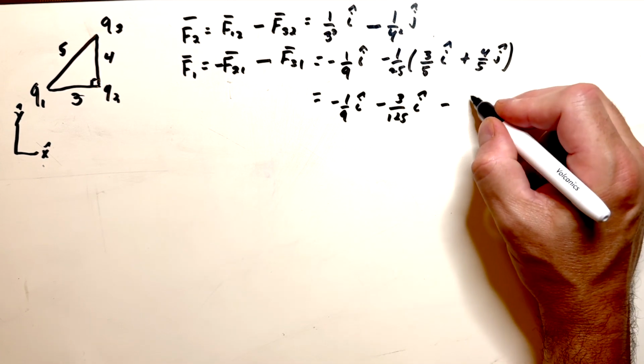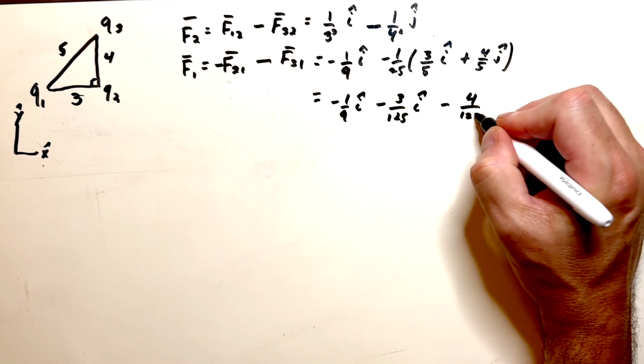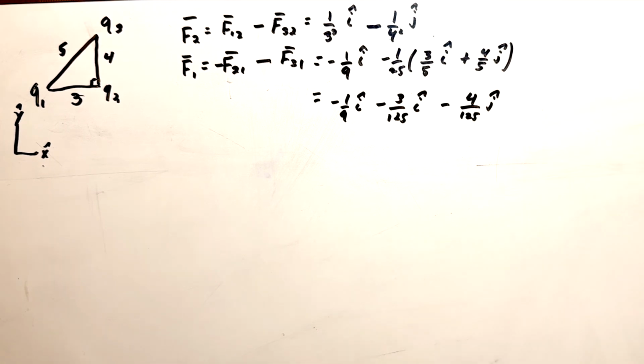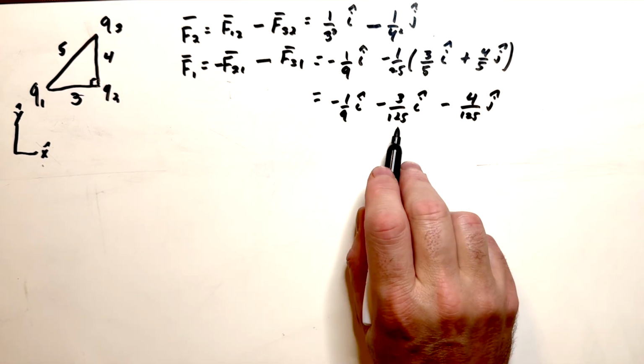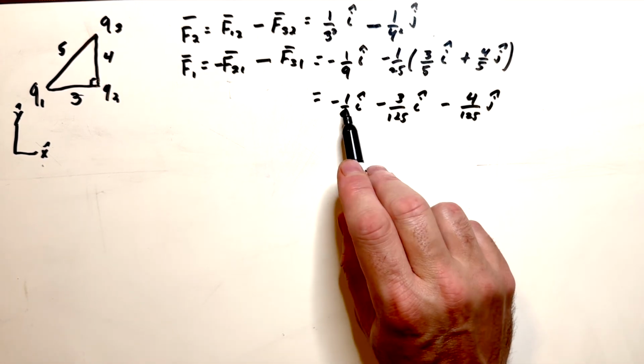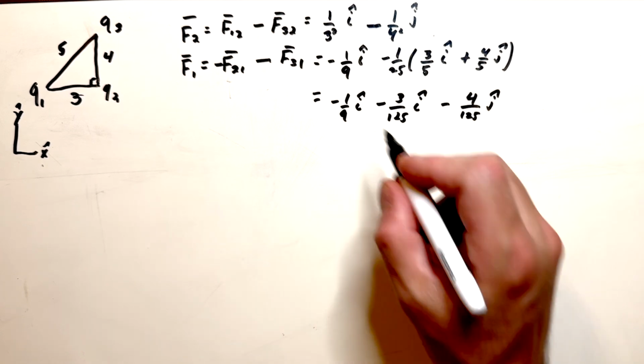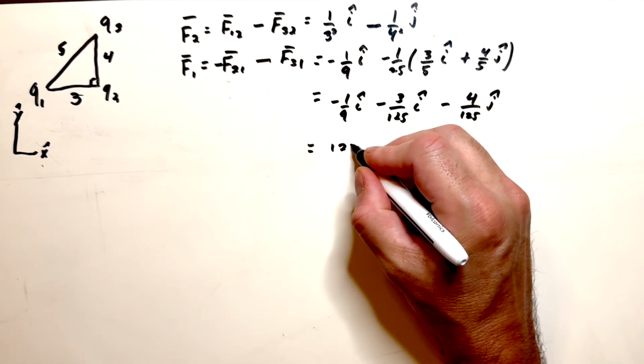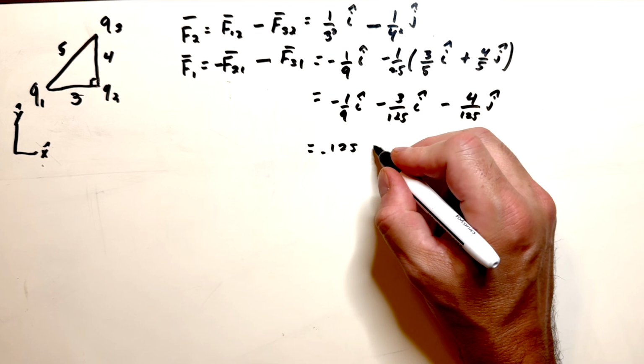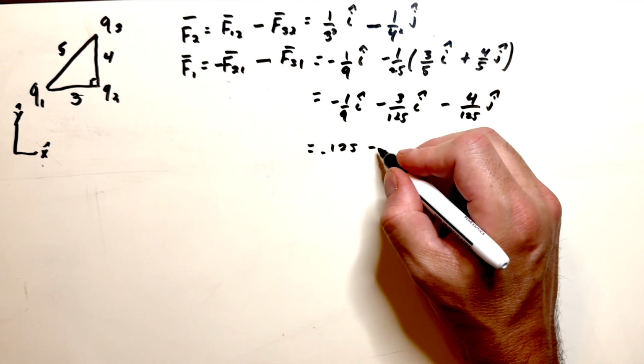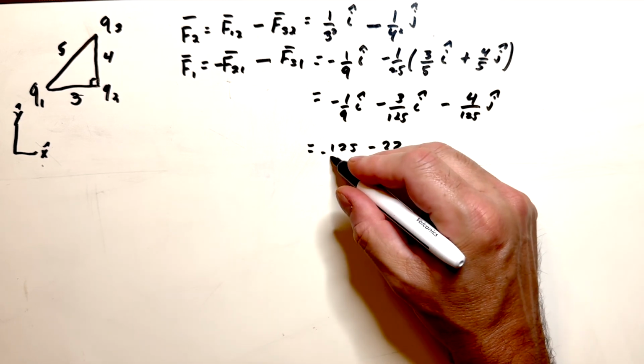Minus 4 over 125 J. So now all we have to do is find a common denominator, right? So we can multiply this times 125 and this times 9. That's going to give me 125 minus 9 times 3 is 27.